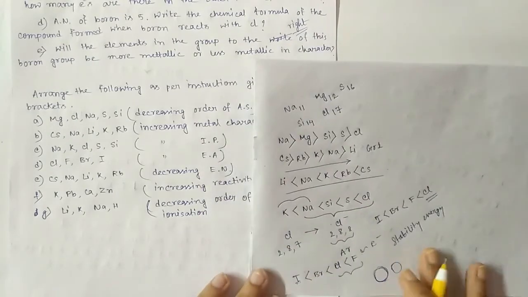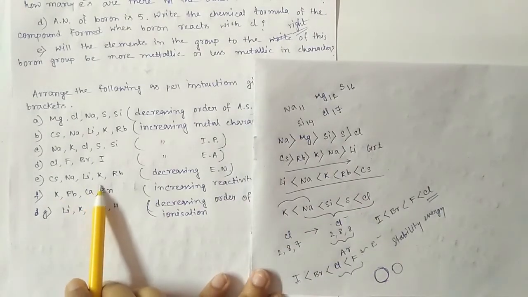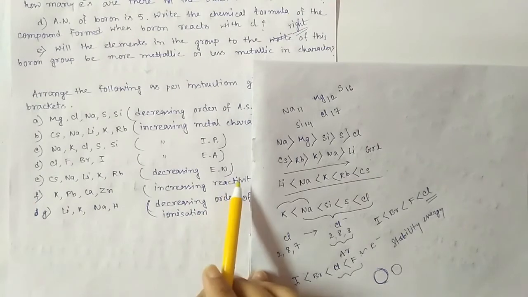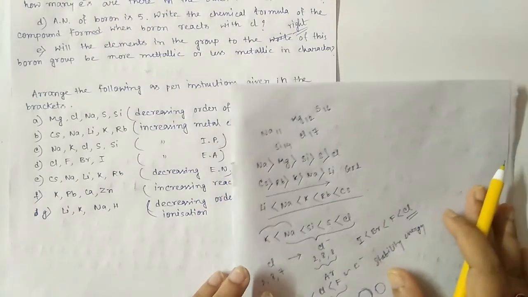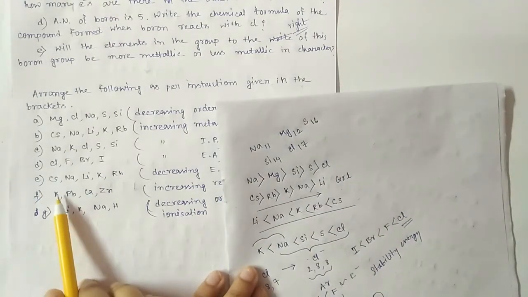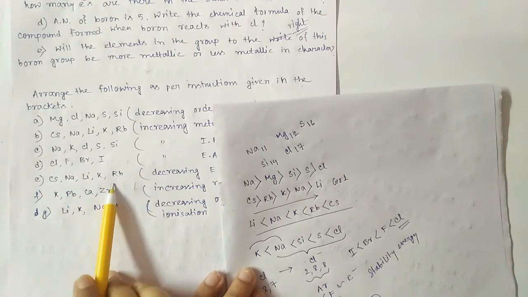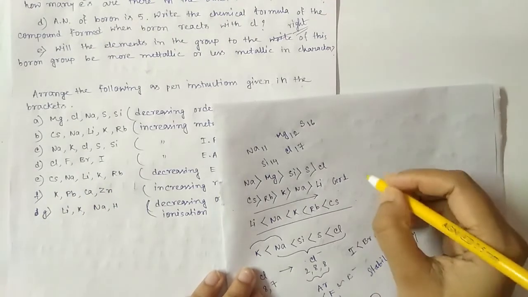The next question is to arrange cesium, sodium, lithium, potassium, rubidium in decreasing electronegativity. If you observe them correctly, you will find that they are elements of the same group, group 1.